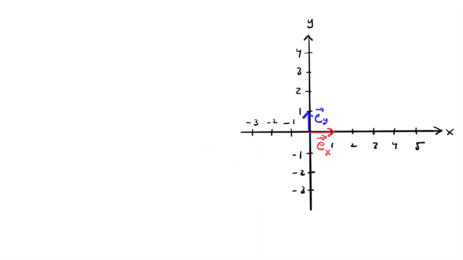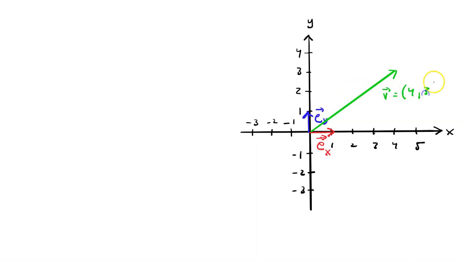Then any vector in this coordinate system can be represented in terms of these two. For example, if you have the vector V = (4, 3), then that can be written as a combination of these two.